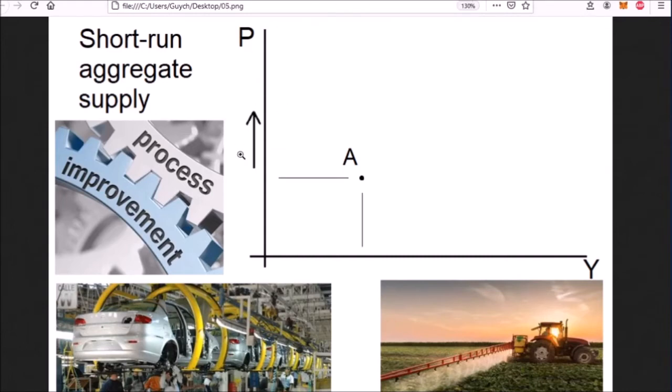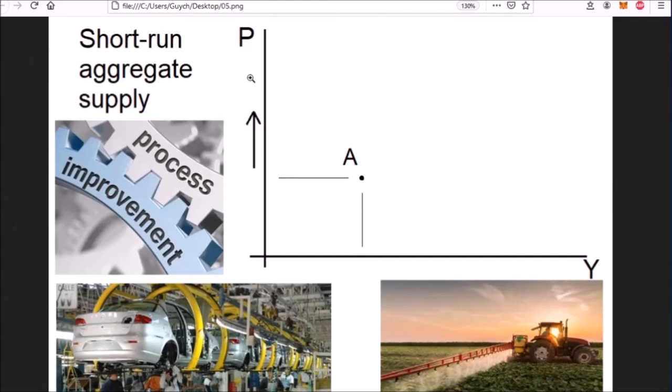If price levels are rising for whatever reason, perhaps the government is printing billions and trillions of dollars, or perhaps demand is growing because a large neighboring country is buying a lot of products from this small country. For whatever reason, let's say the price level is increasing.